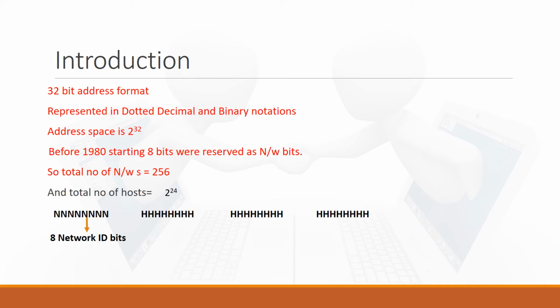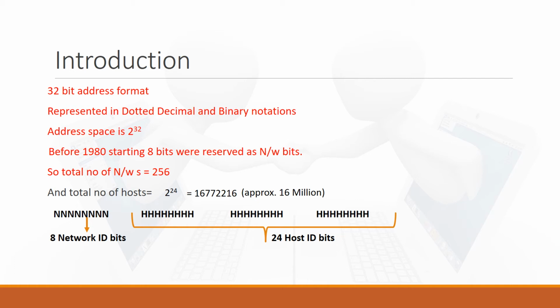Since we have 24 host bits, we can create 2 to the power 24 combinations. Thus, we have 2 to the power 24, which is equal to 1 crore 67 lakh 72,216 host addresses, which is approximately equal to 16 million.